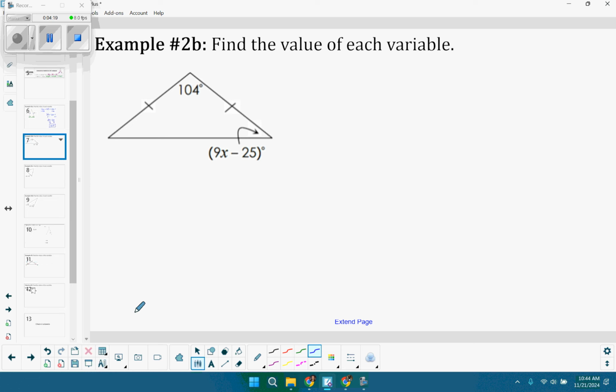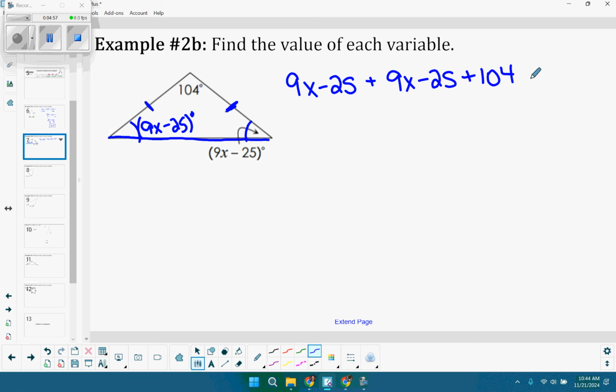In the next one, we see that we're given these two sides are congruent. So these are our legs, making this bottom piece the base. And my base angles would be congruent. I'm going to place another 9x minus 25 in this angle. And now I can treat the triangle as being 180 degrees. Take the three different angles that are in the interior, 9x minus 25 plus 9x minus 25 plus 104 is equal to 180.